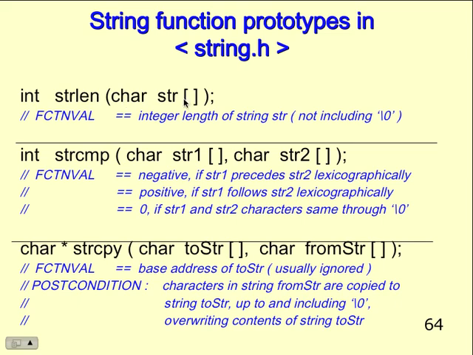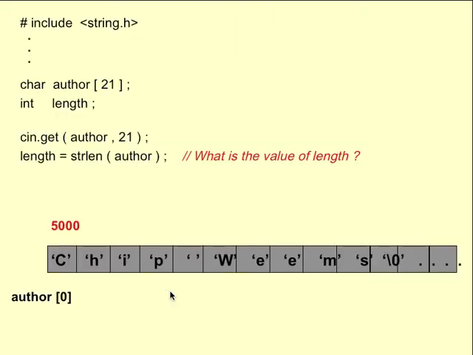String compare takes two strings to compare. String copy uses pointers, copying one memory address to another. So you can see how it's implemented. Some people are interested; others just memorize the functions and learn how to use them.